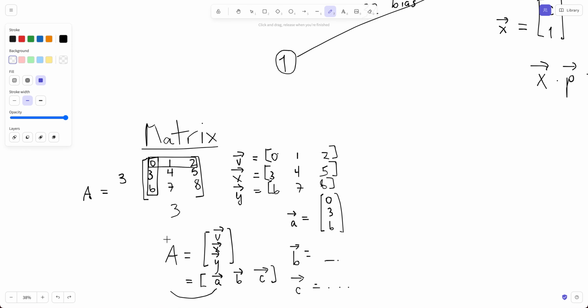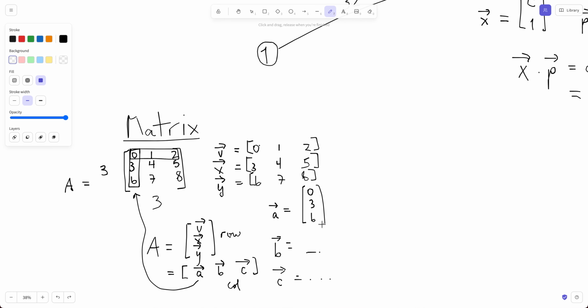You expand it, and it expands to this 0, 3, 6, and then the B expands to 1, 4, 7, and C expands to 2, 5, 8. And the same idea for when you have the column vector of row vectors. The V here expands to 0, 1, 2, and then X, 3, 4, 5, and Y, 6, 7, 8. Okay, so there are two different representations. So this is the row vector representation, and this is the column vector representation.